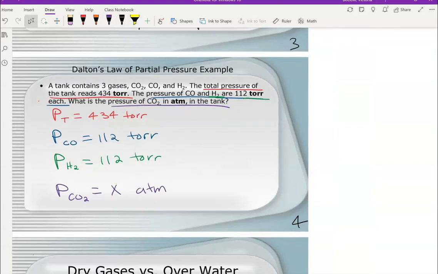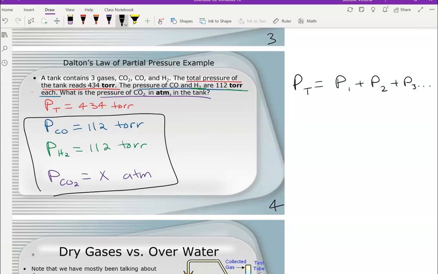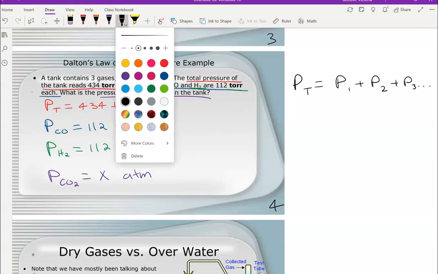So remember, the equation is your total pressure is equal to the sum of each of those individual pressures. So these three added together will give us the total pressure. Now, we do want the final answer in atm, but I'm going to make this a little easier on myself. Everything is already in torr. You could convert all of these into atm and then plug into the equation to solve for X, but I'm going to leave everything in torr.